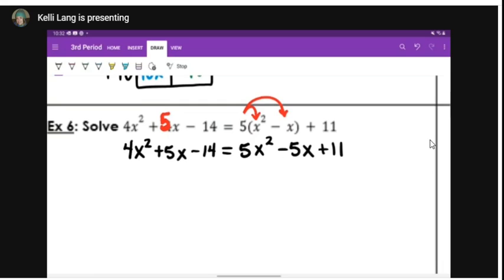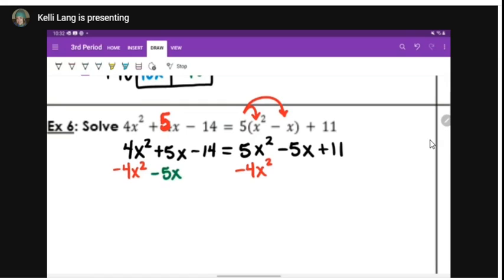Just like in the last example, we want to be choosy about which side we're going to move everything to. Let's pick the side where we're going to end up with a positive x squared. So notice that we've got a 4x squared on the left and a 5x squared on the right. Since the 5x squared is bigger, we want everything to end up on the right. So we're going to undo the left. Minus 4x squared from both sides.